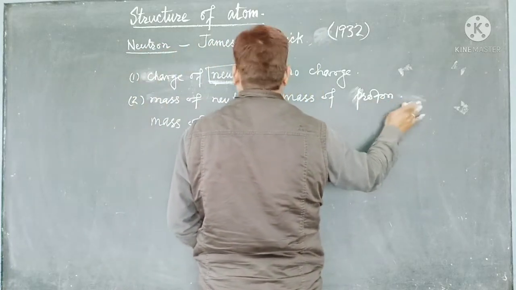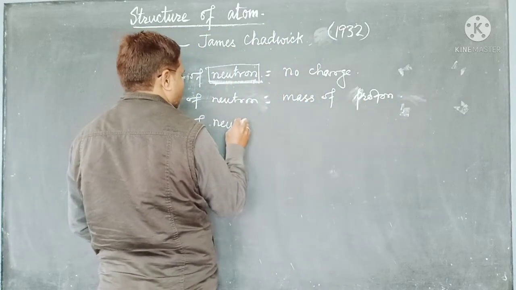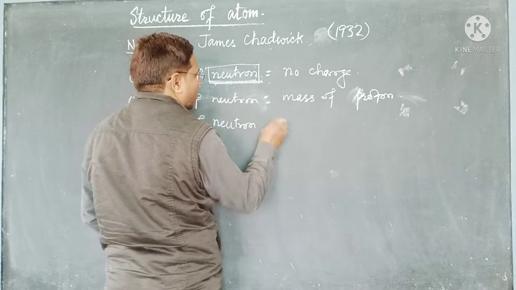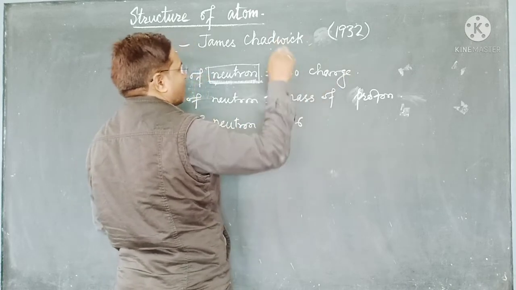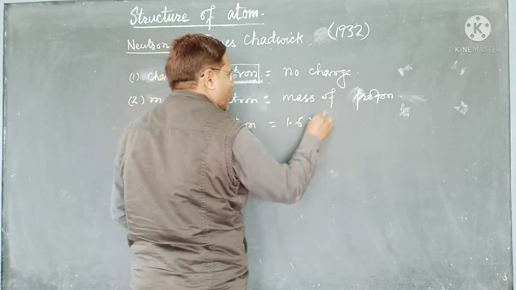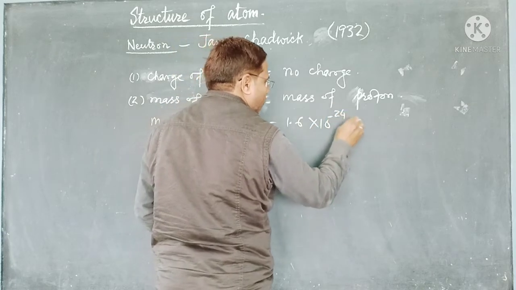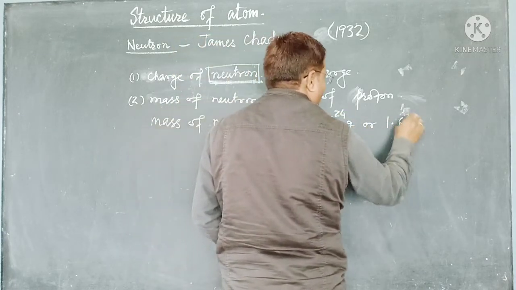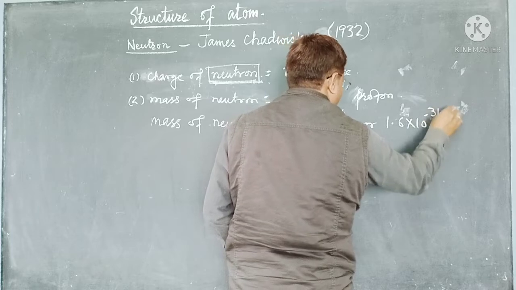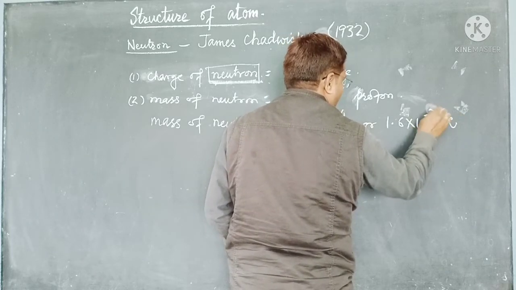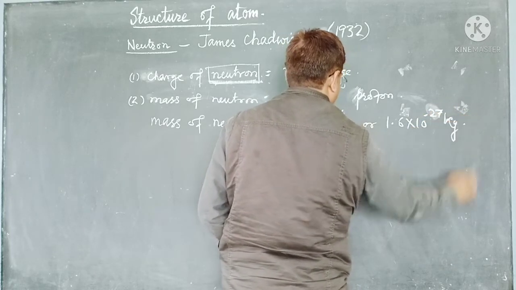The mass of neutron in terms of gram is what we had taken for proton, 1.6 into 10 to the power minus 24 gram, or 1.6 into 10 to the power minus 27 kg.